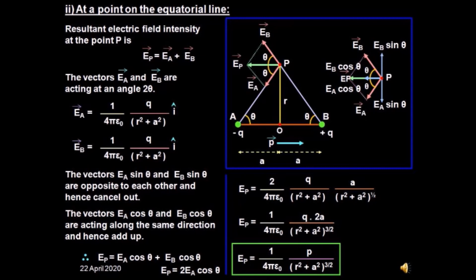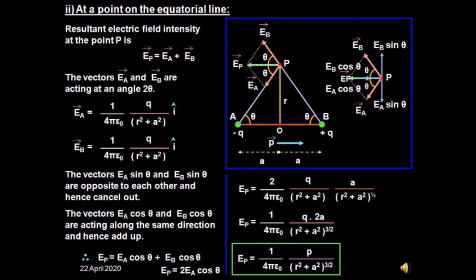So finally, if we substitute it in the formula, we get 2QA upon 4 pi epsilon 0, then R square plus A square power 1 and R square plus A square power half. This way the second step will give Q into 2A upon 4 pi epsilon 0.